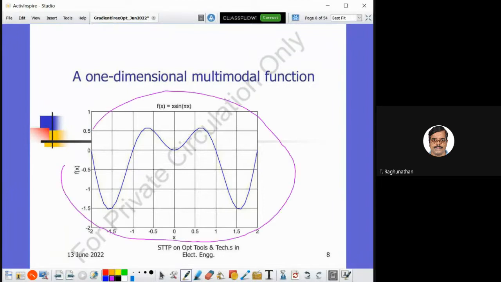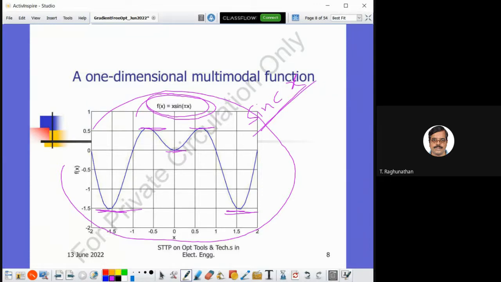So you see that there are two minimums, there are three minimums, two maximums, and this is another famous function known as the sinc function.